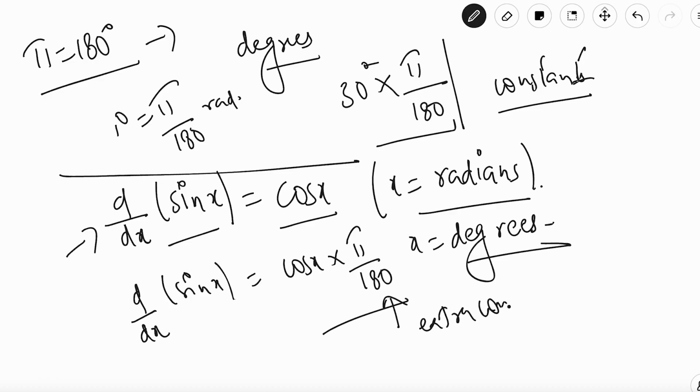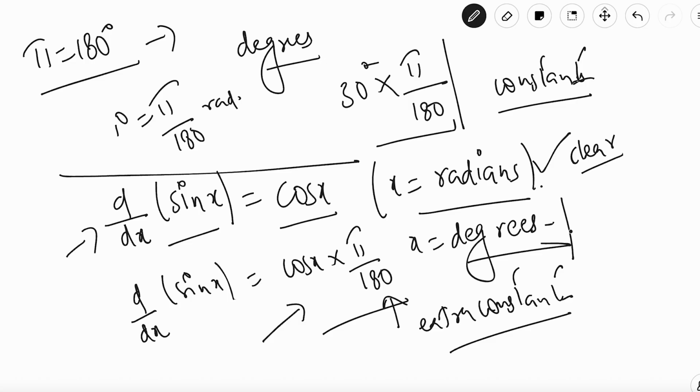This will be an extra constant that we now have to add into our calculations. So yes, we can achieve the desired output, but when we have x in radians, it's basically a clear approach, and here extra calculations come into the picture, so it's not that clear an approach.